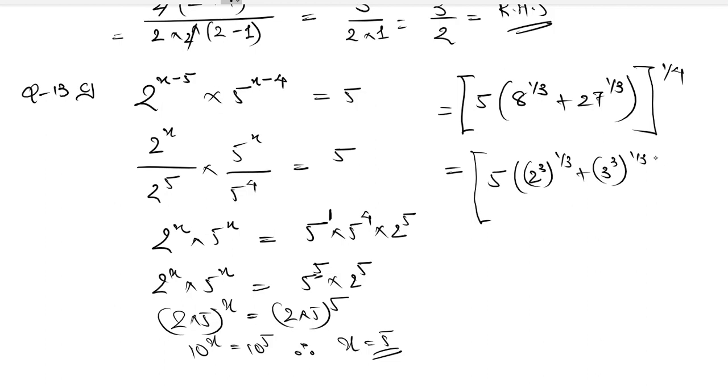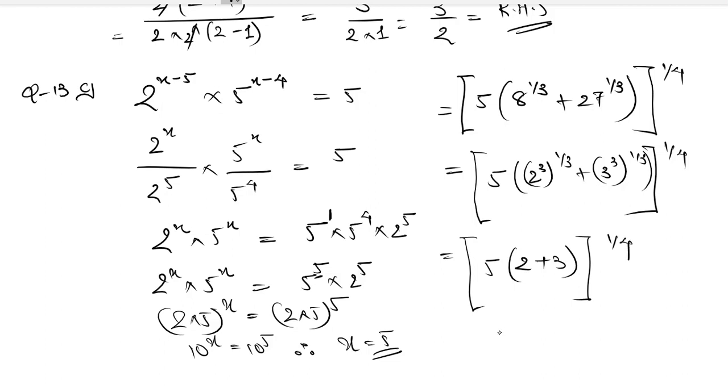And the whole bracket raised to 1 by 4. So square bracket 5 bracket 2 raised to 3 raised to 1 by 3 will be 2 plus 3 raised to 3 raised to 1 by 3 will be 3, the whole raised to 1 by 4.